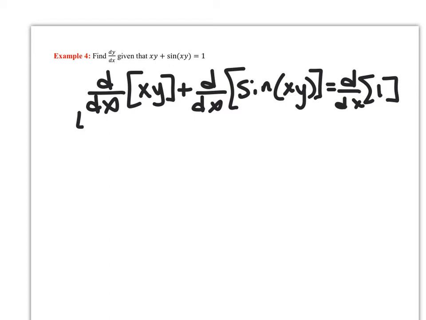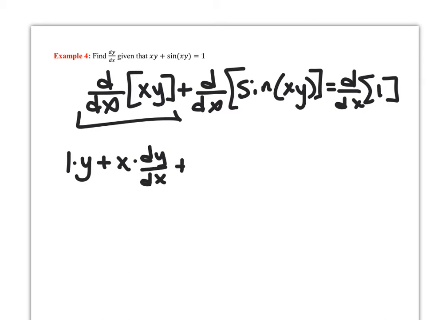Okay, so the first piece here looks like product rule, so 1 times y plus x times dy/dx. Plus, looks like chain rule here, we would go cosine of xy times the derivative of the inside.